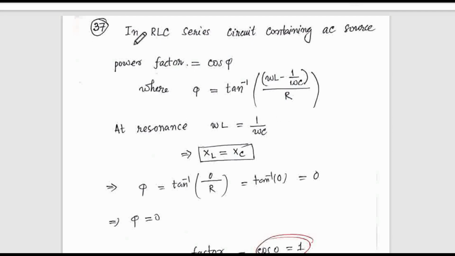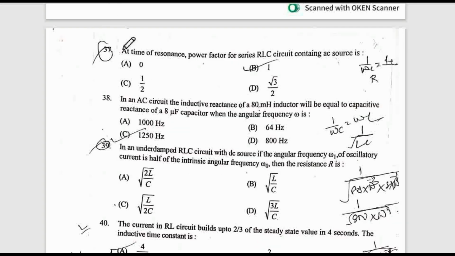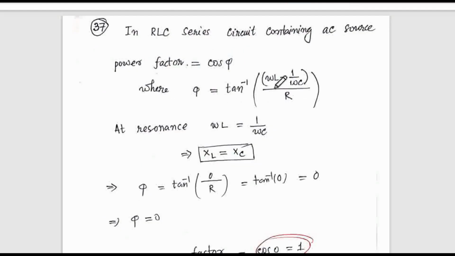As the question is asked at the time of resonance, omega L and 1 by omega C both will be equal. That means XL should be XC, the inductive reactance and the capacitive reactance.